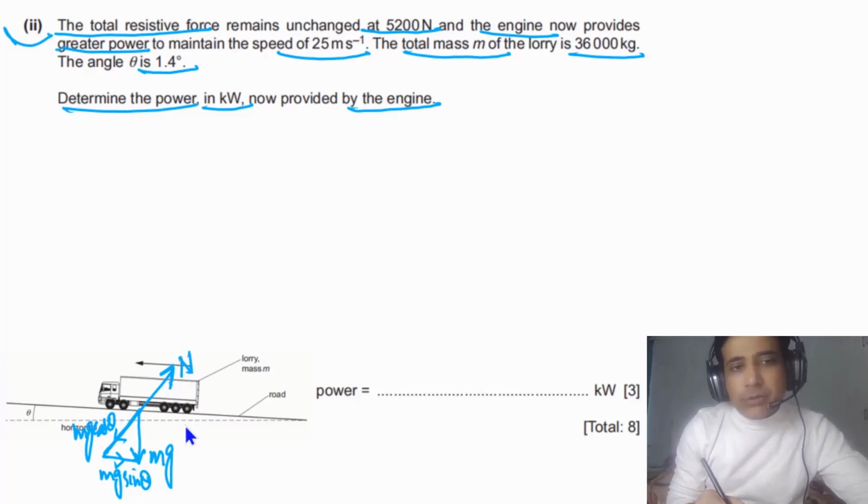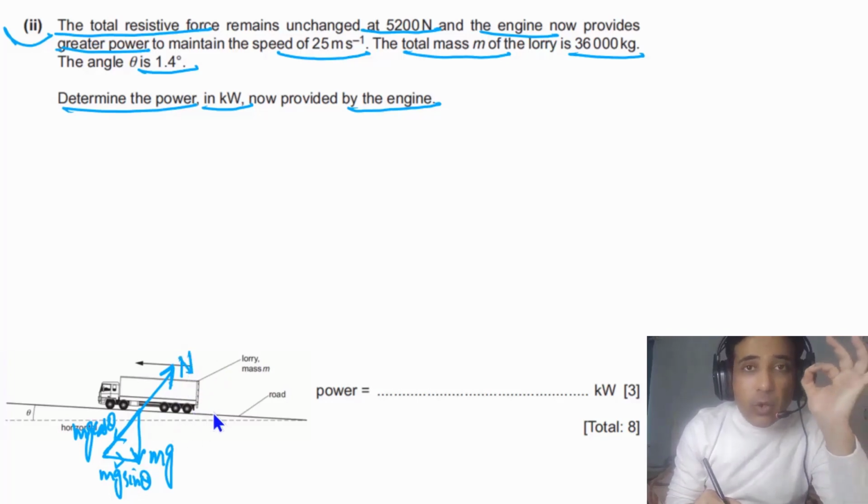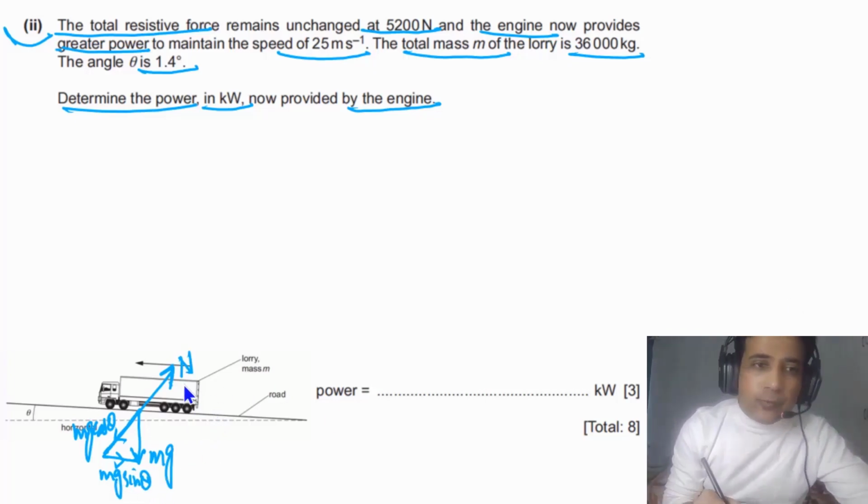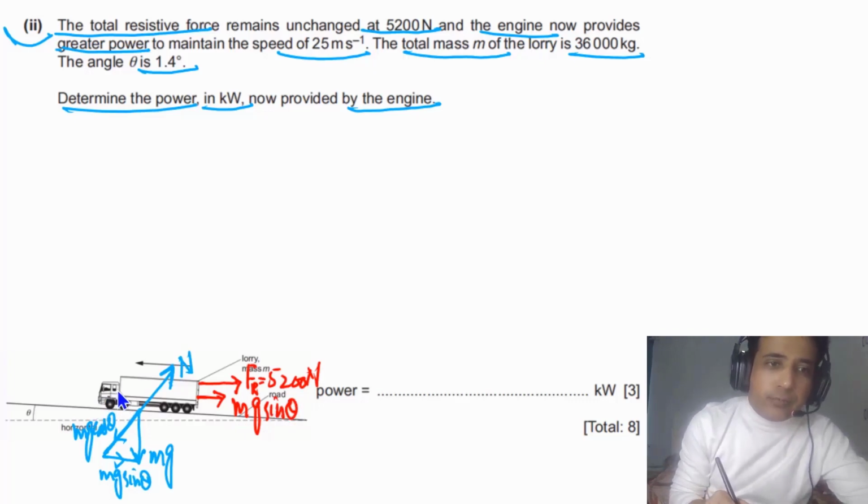So the motion of the trolley is only opposed by mg sine theta. If we write down the forces opposing the motion of the trolley, there are two forces. One force we have already discussed, Fr, equal to 5,200 newtons. Then there is an additional force, mg sine of theta. This is the total force opposing the motion of the trolley.